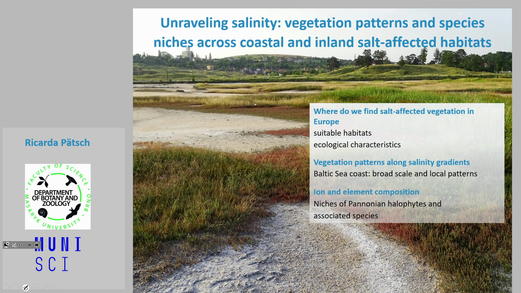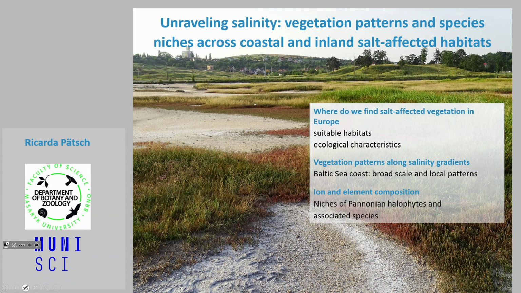Because we have a diverse audience today, I will start by introducing this type of vegetation, how salt-affected vegetation looks in Europe and where it occurs. I will start with a lot of pictures that I took during the last years.